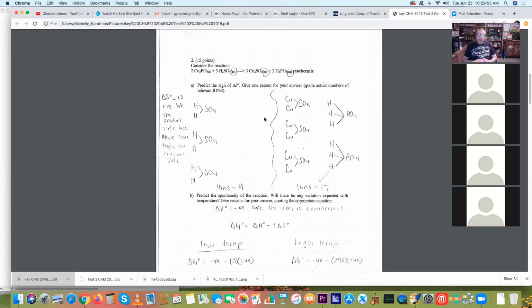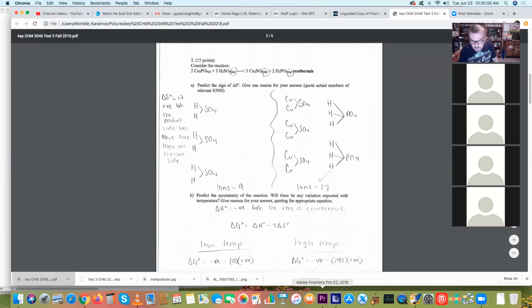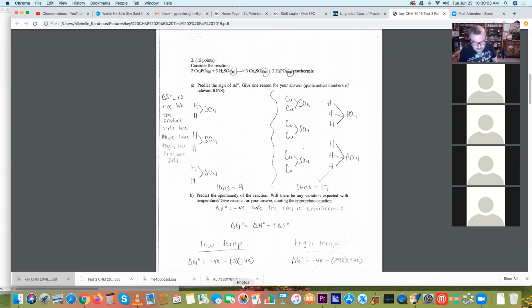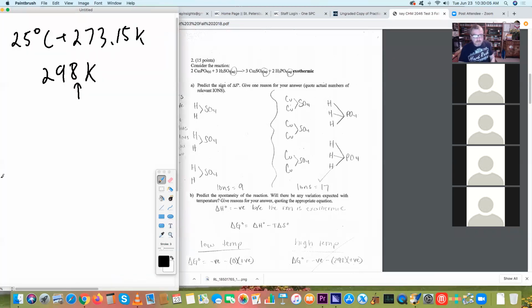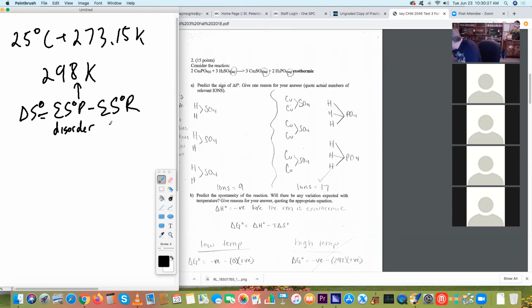As I was saying earlier, delta S naught is the sum of the entropies of the products minus the sum of the entropies of the reactants. In other words, read that as disorder of the products minus disorder of the reactants. That's what entropy is. It's a measure of disorder.